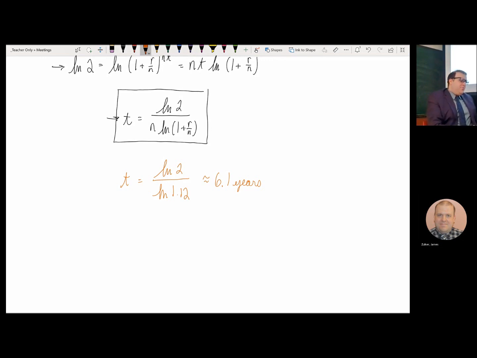So what this means is if you don't touch the investment, you don't make any withdrawals, you don't make any additions, about every 6 years, 2 months, the amount in the account will double.